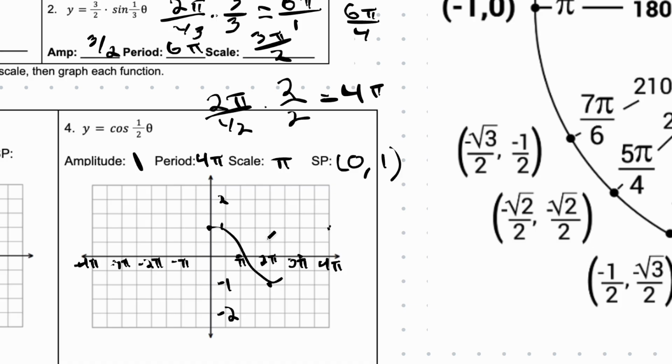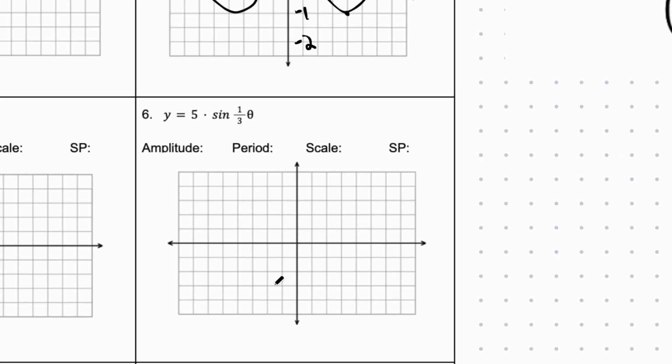Sorry, we're going to undo that. It's going to look something like this. Right, this would keep on repeating down here too. Something like that. So this is how we'd graph that. Let's move on to this one.